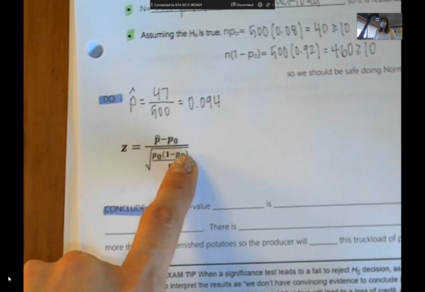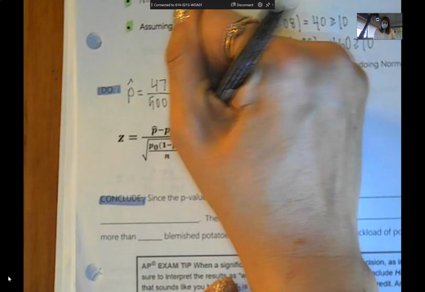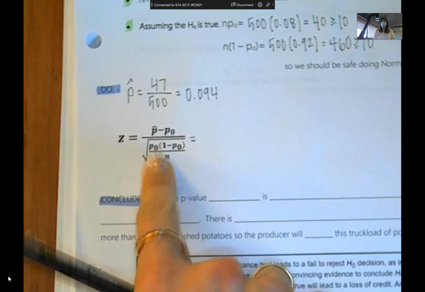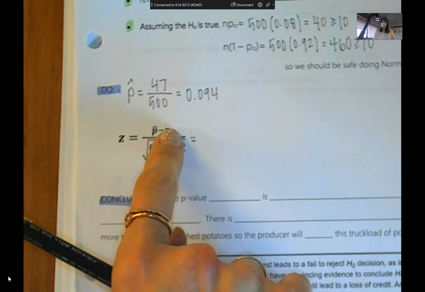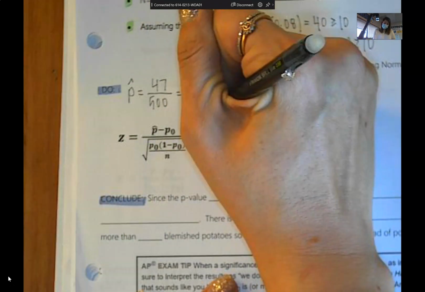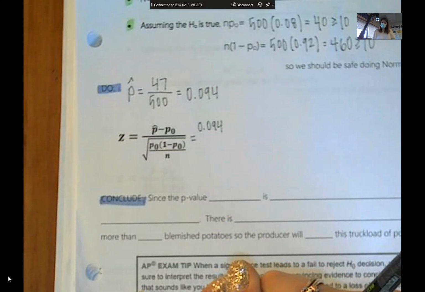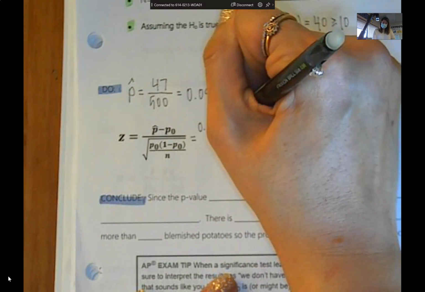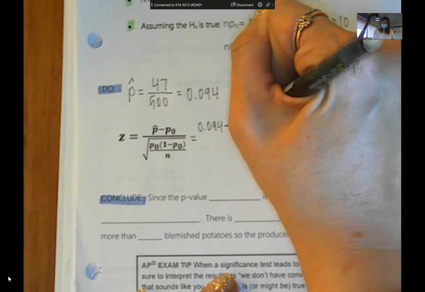Then we can move here to calculate our Z. So right after this formula, which you don't have to write, this P hat minus P sub 0, that's just here for your reference. Is our sample value, subtract the null proportion, which is 8%.